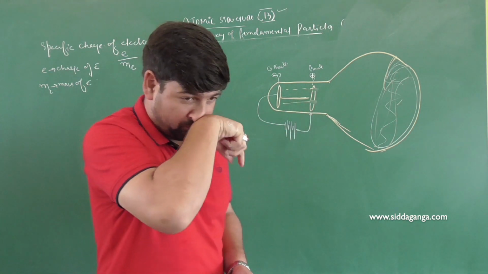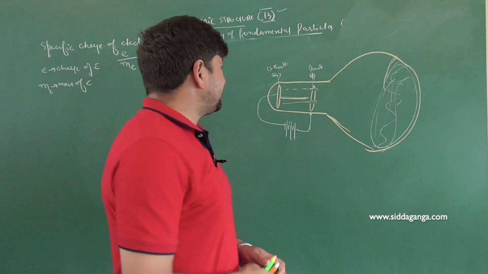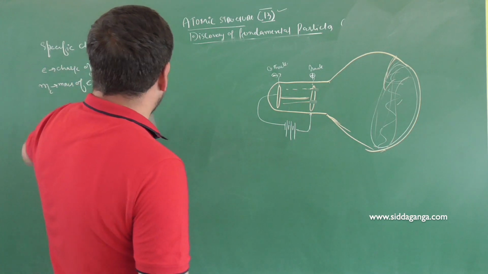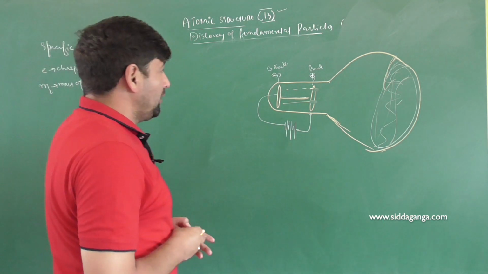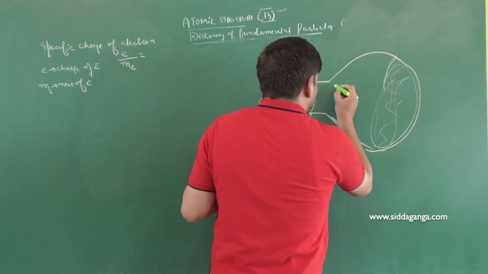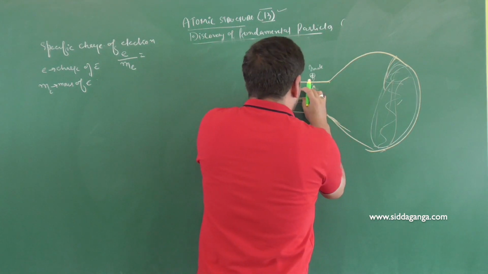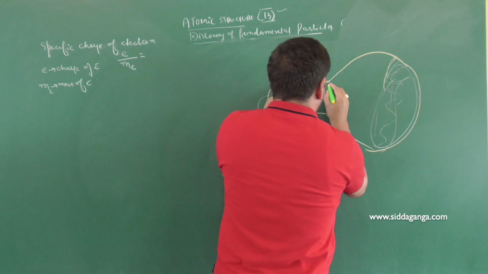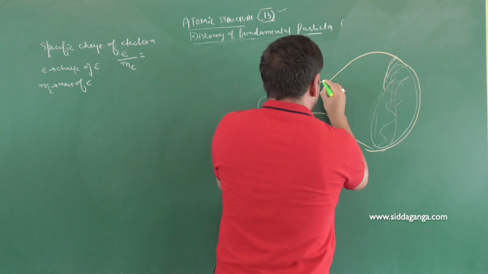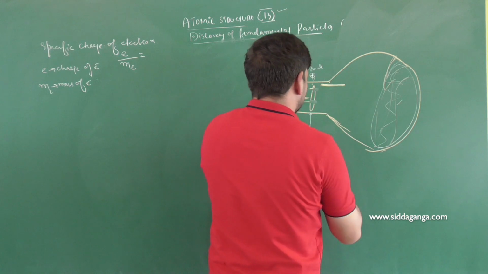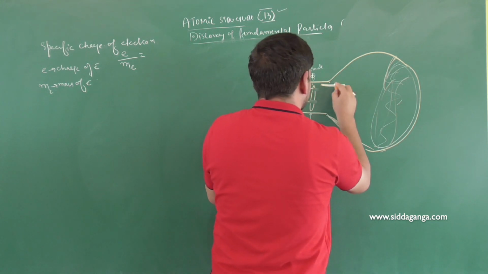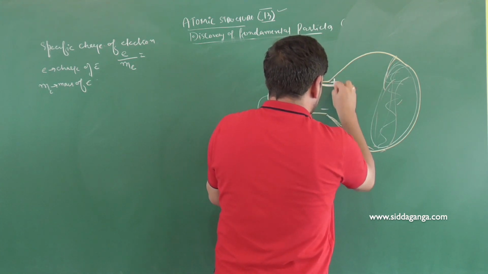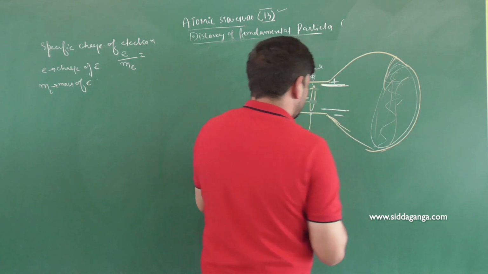Then, in order to find out exactly the specific charge of an electron, that is the charge by mass of electron ratio, they let these particles, which are technically electrons, pass through electric and magnetic fields.